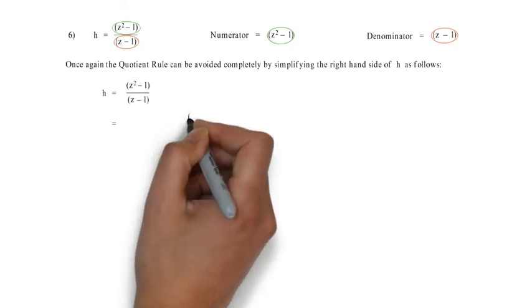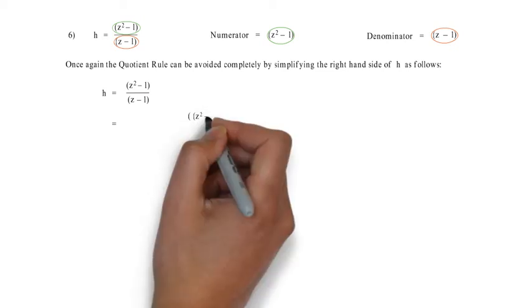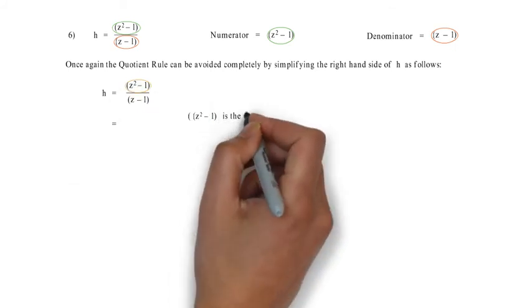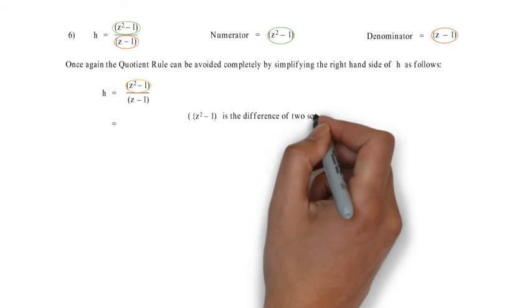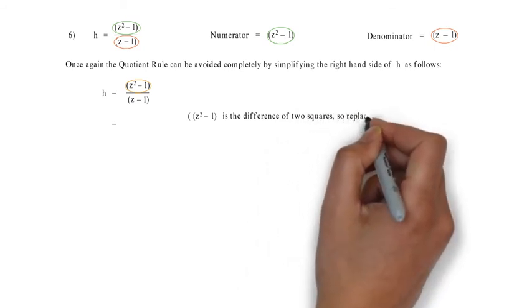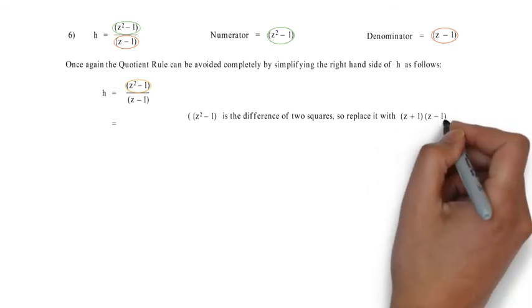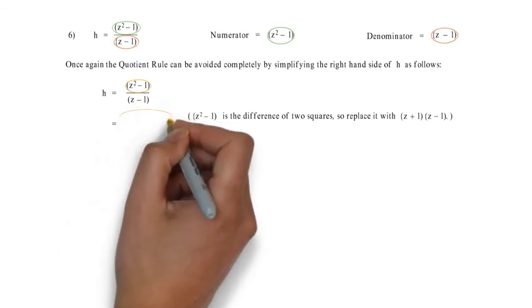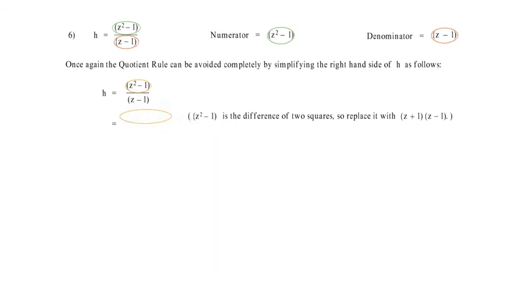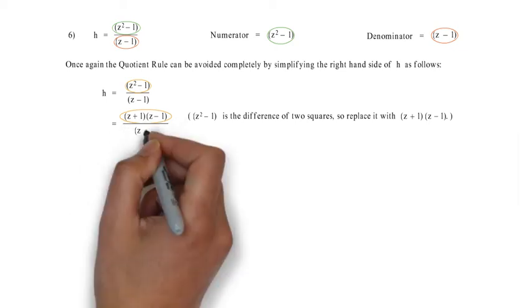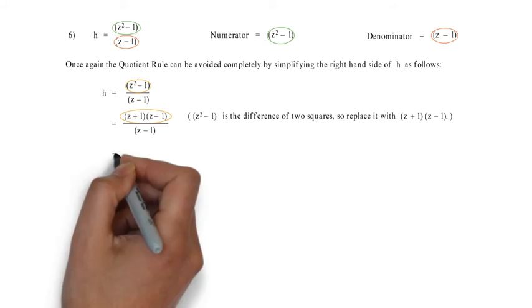Z squared minus 1 is the difference of two squares, so replace it with z plus 1 times z minus 1, divided by z minus 1.